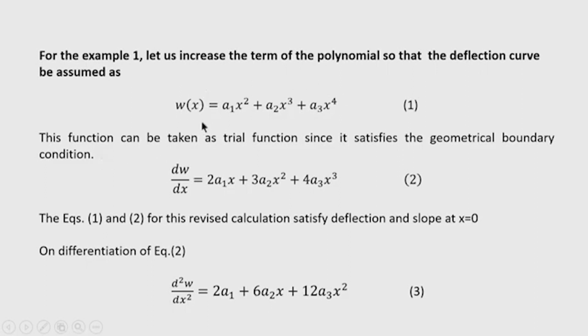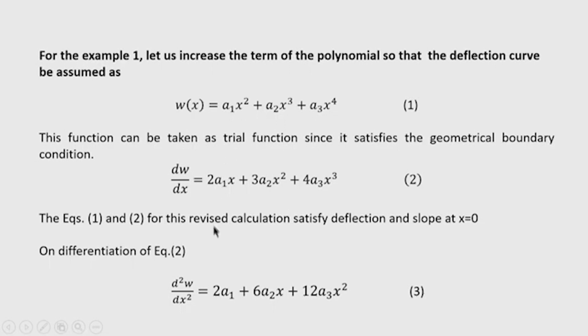At first look it is observed that this function satisfies the boundary condition at the fixed end, because putting x is equal to 0, deflection we are getting 0, and the derivative we evaluate here as 2 A1 x plus 3 A2 x square plus 4 A3 x cube. Again, if we put x is equal to 0, we get slope equal to 0. So, both deflection and slope boundary conditions are satisfied at the fixed end. So, this is an admissible function for the deflection.